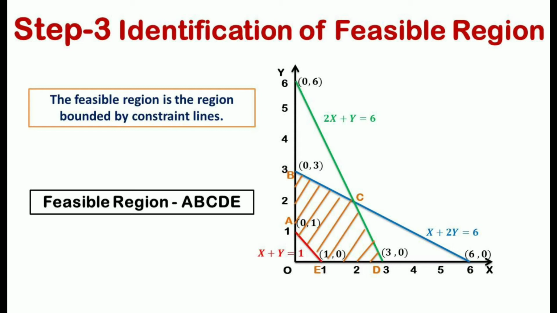One constraint is greater than or equal to type, hence the feasible region will be above or to the right of this constraint line. Here the shaded area will be to the right of the red line. Hence the feasible region here is the area bounded by A, B, C, D and E.